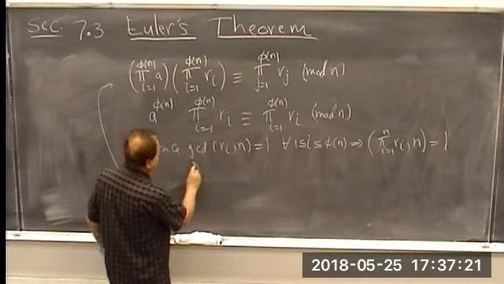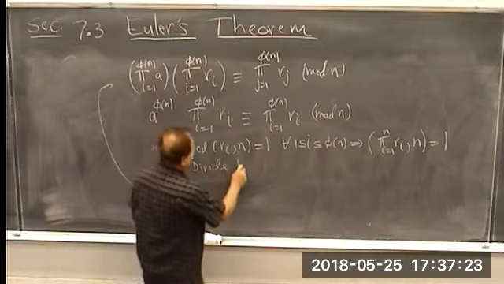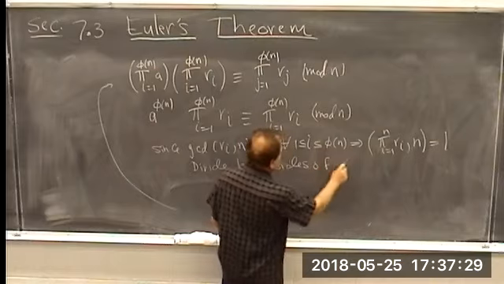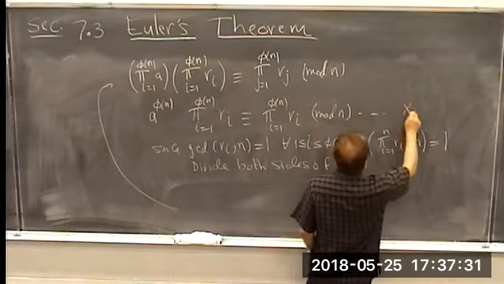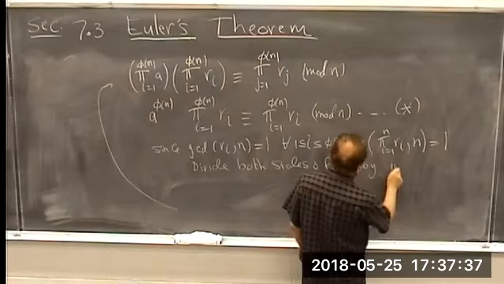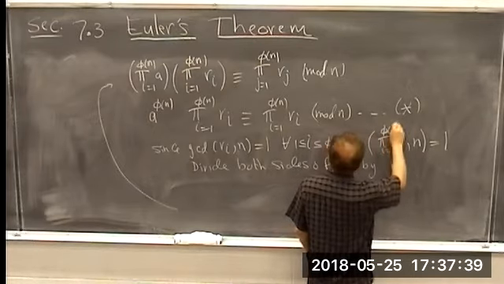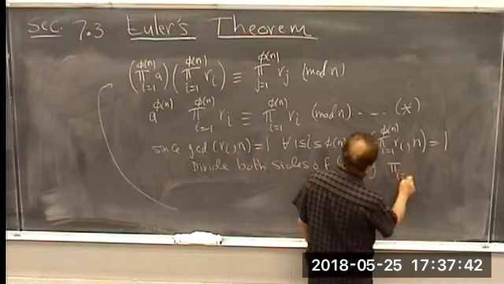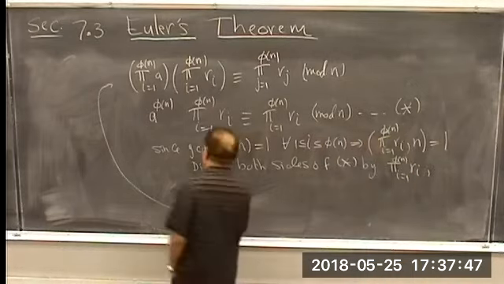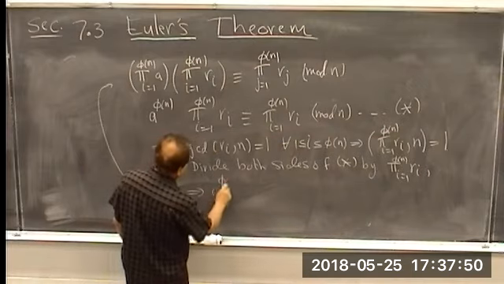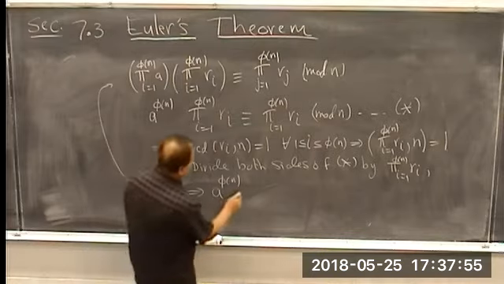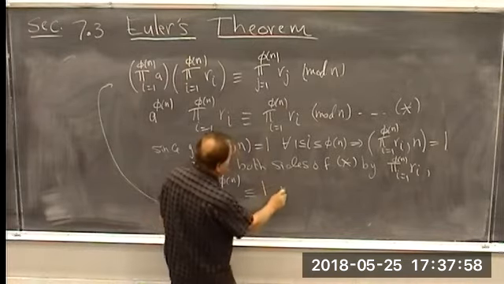So we divide both sides of star, because this equation is star, by this product, the product I equal 1 to phi of n of R sub I, and we obtain A to the phi of n, because the product that we cancel out, and on this side we end up with 1 mod n.